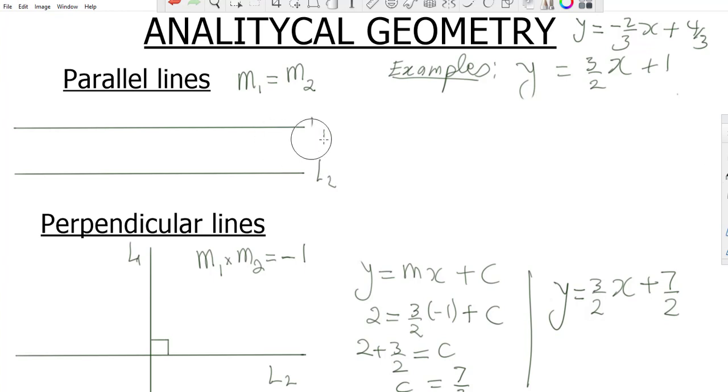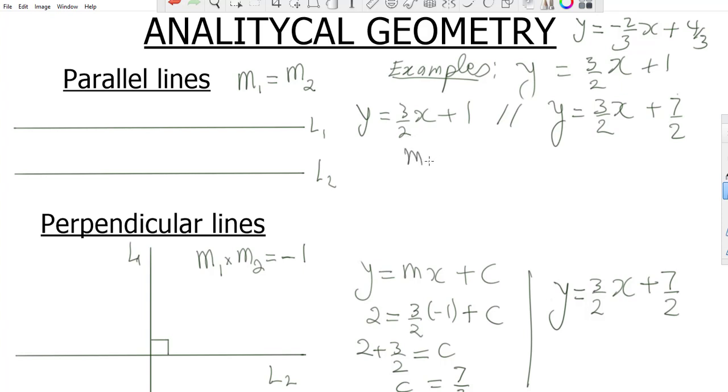If we have in this case 3 over 2 x plus 1, it's parallel to the equation 3 over 2 x plus 7 over 2. Why? We can see the gradient m1 equals m2, which is 3 over 2.